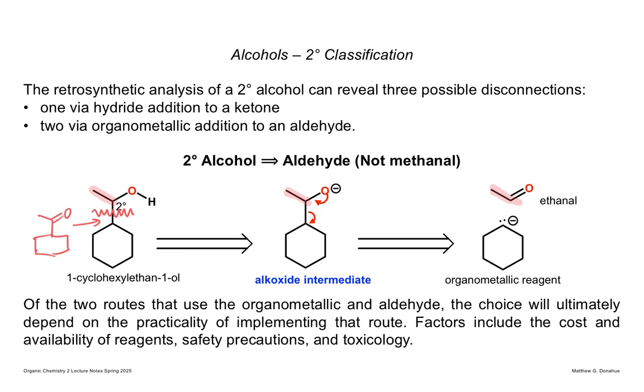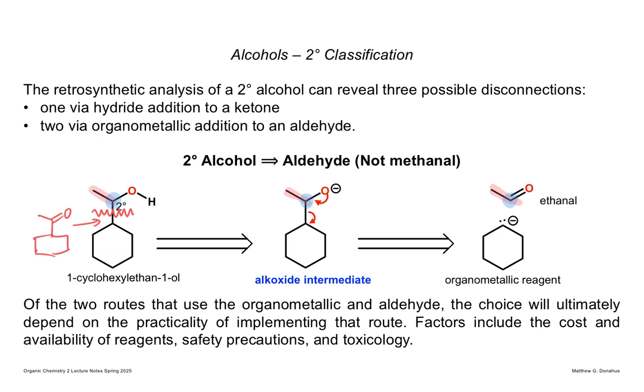Recap, this is two ways. Again, let me highlight the carbon bearing the OH group. So in one way, you can start with a ketone and reduce it. That installs the hydrogen. Another way, you can start with an aldehyde and then put that ring in.